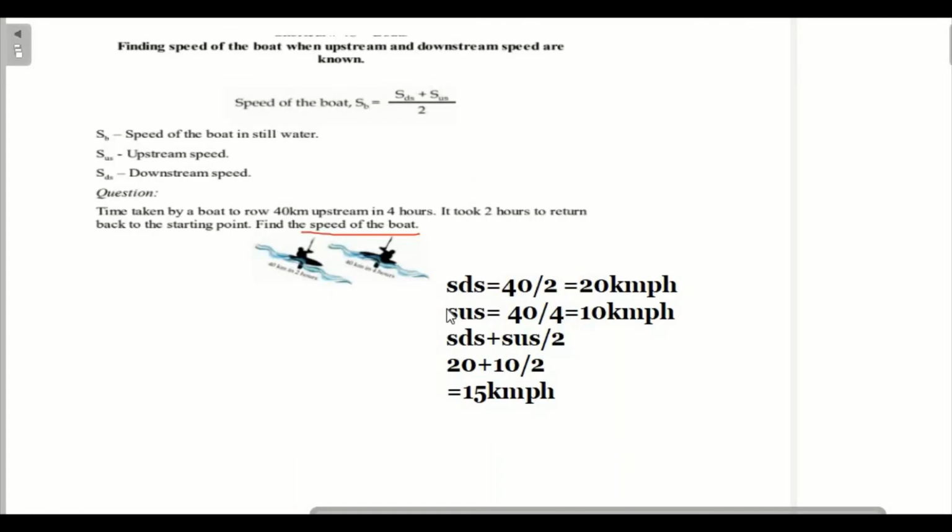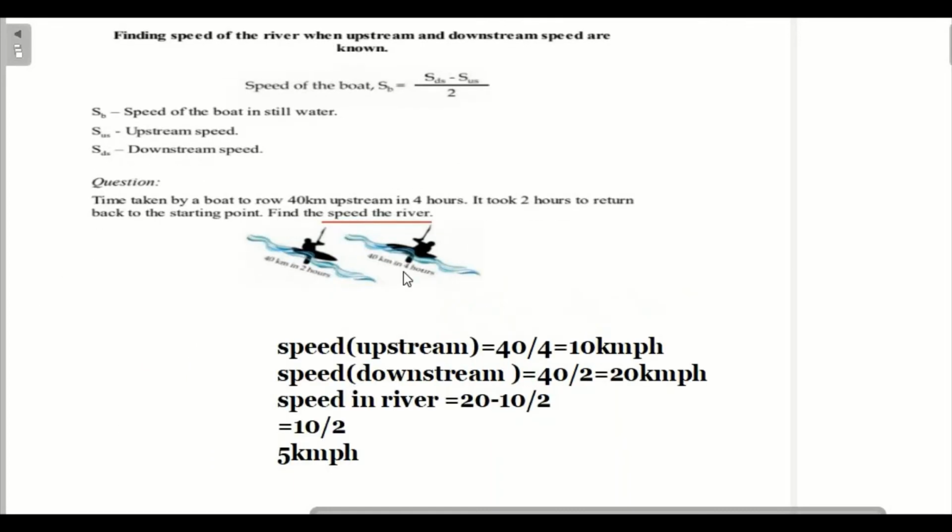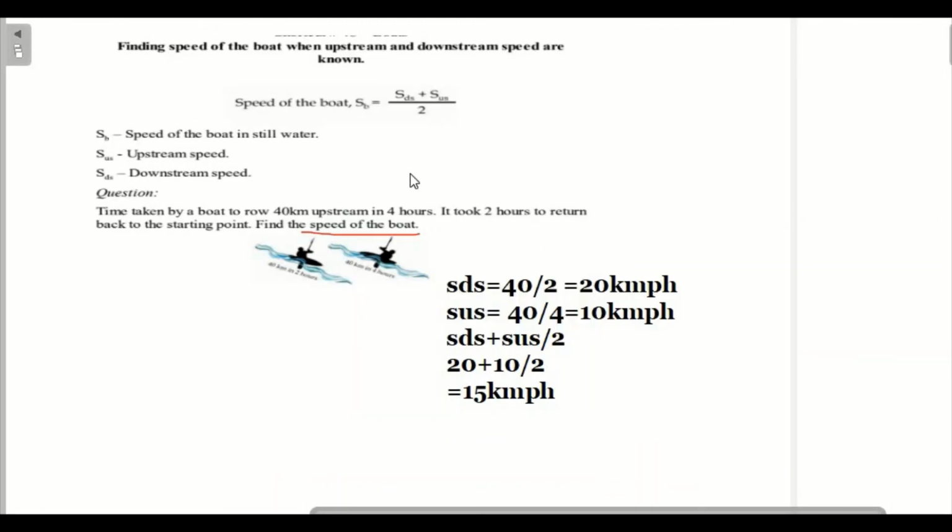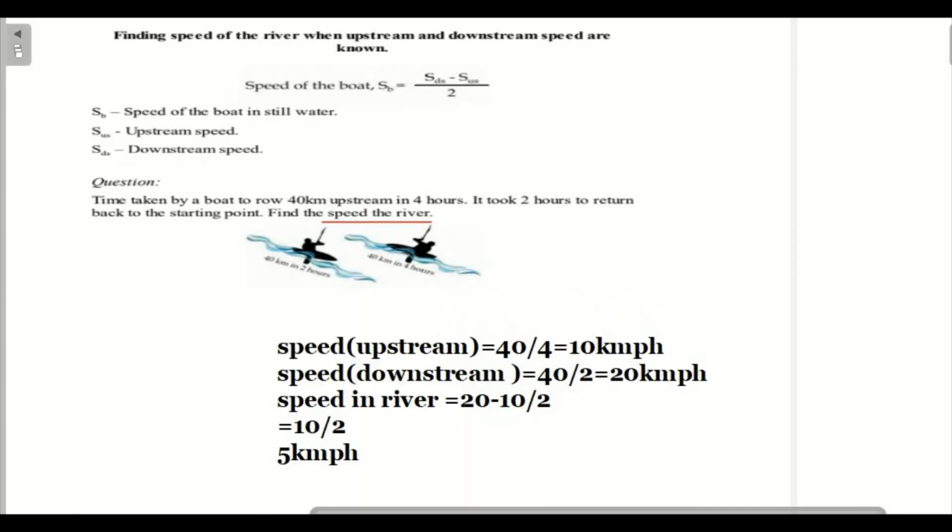For downstream we have to add the values. For the speed of the river, we have to subtract the upstream and the downstream speeds. For the speed of the boat, we have to add the speeds. Shall we go for the next?